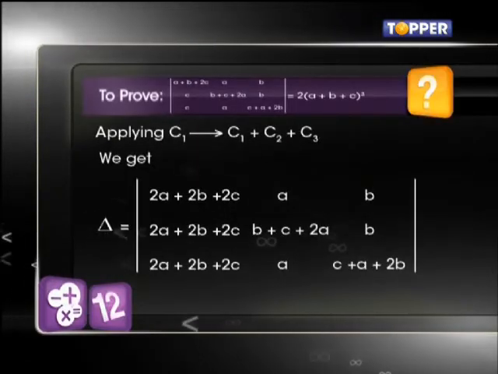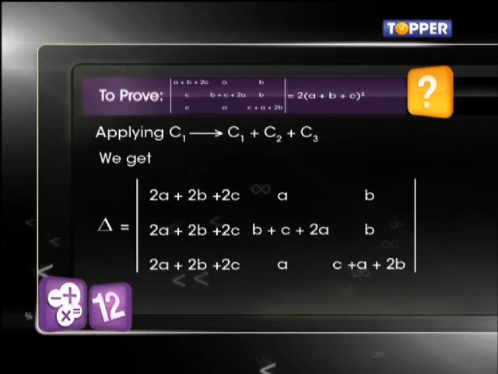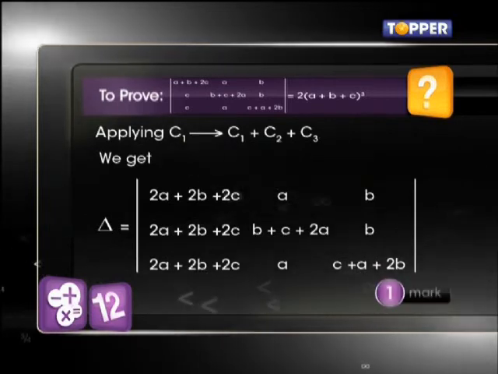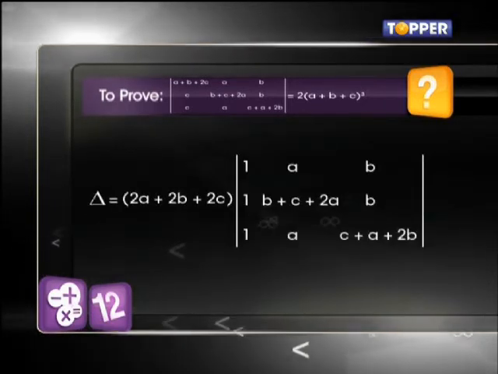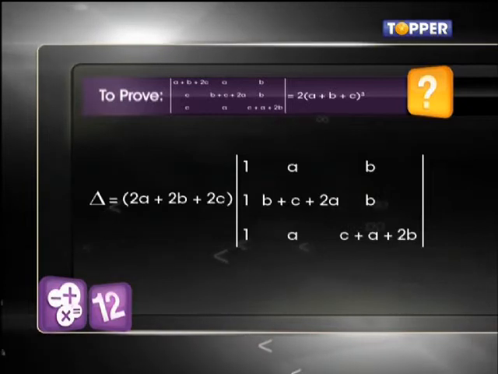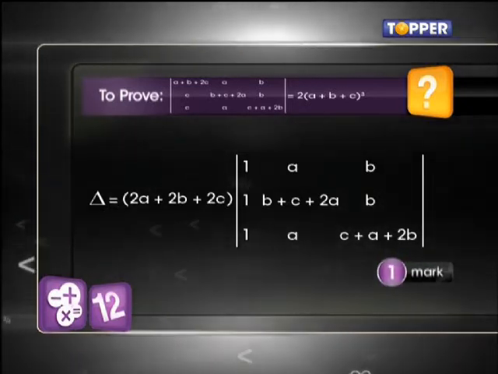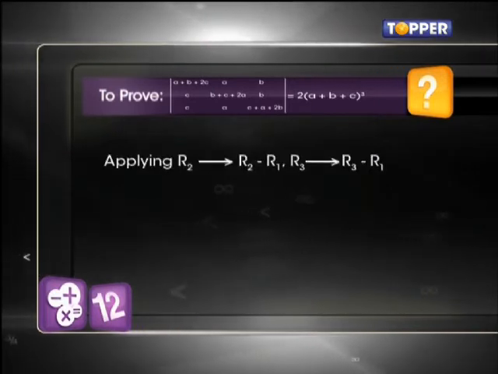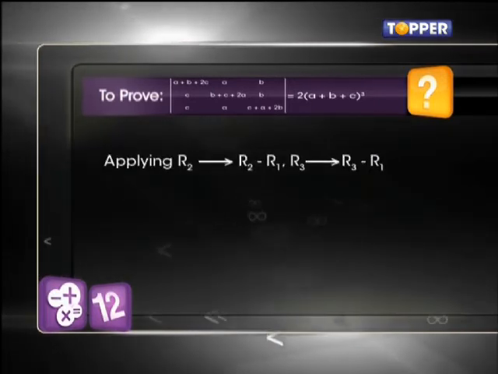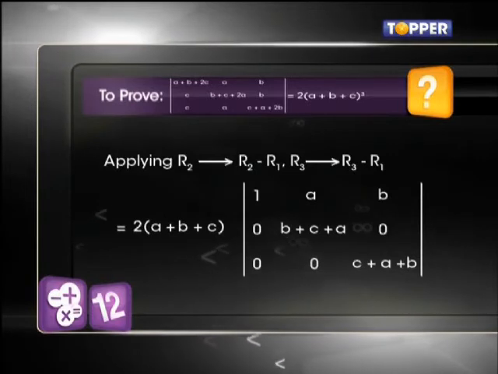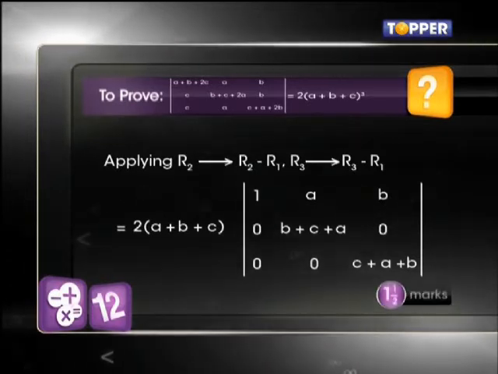In this particular question, we make the elements of the first column equal so that they can be taken outside. This way, we get each element as 1 in the first column. Now, apply properties in such a way that the last 2 elements of the first column are 0.